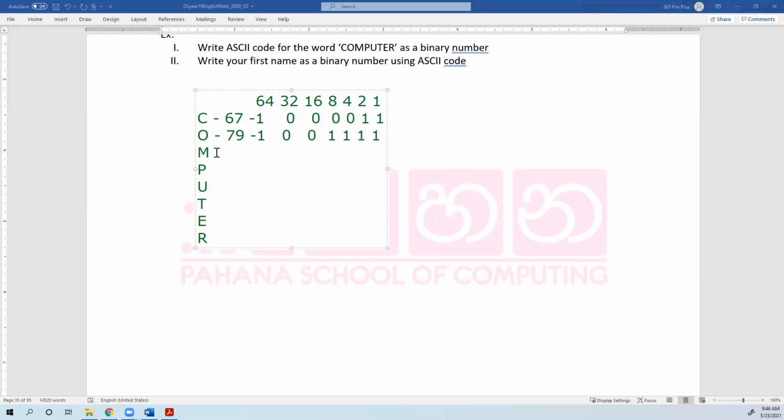Then M is 77. So you have to subtract 2 from the previous one.